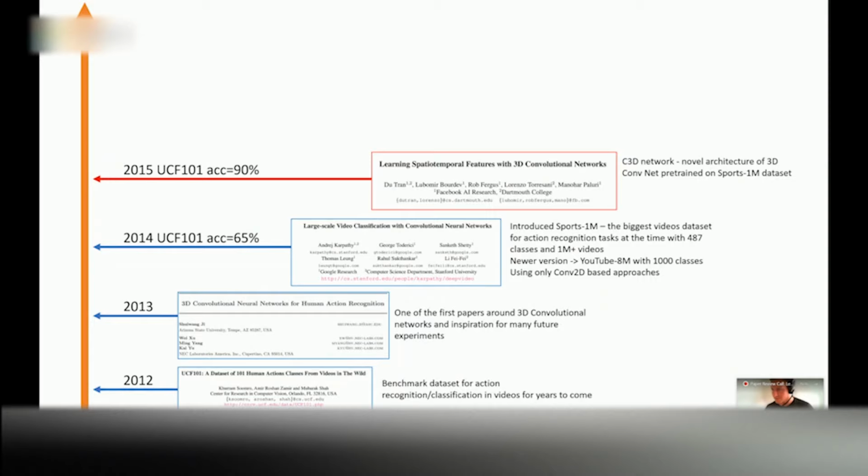And for many years to come, this was a basic benchmark data set for action recognition or classification in the videos domain. Another paper, called 3D convolutional neural networks for human action recognition, I think was the first time somebody mentioned 3D convolutional networks and actually put them into usage.